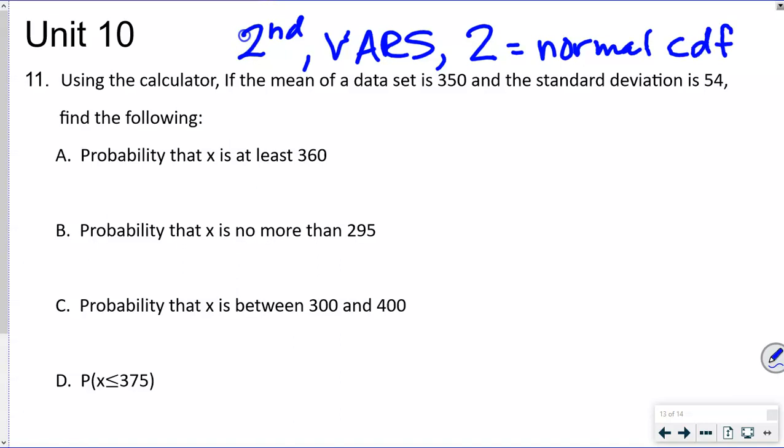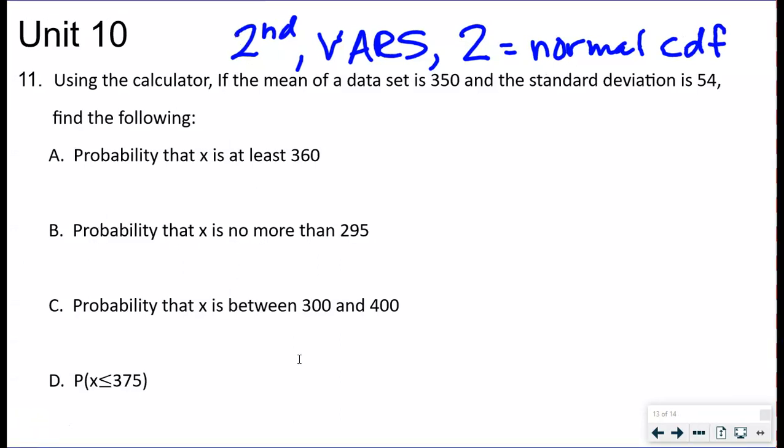So I'm going to show you all this on the calculator. Recall when we're doing these that we are going to look at the lower bound, the upper bound, and then mu, which is the mean, and standard deviation, okay?